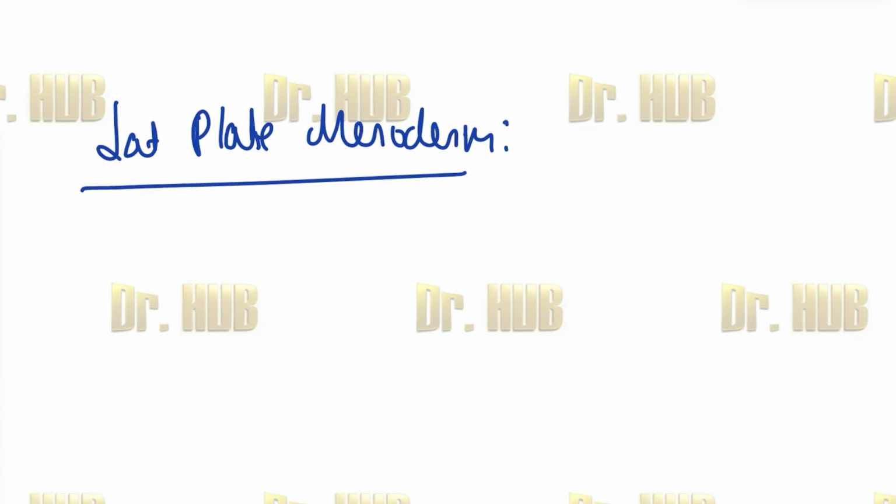Next we move on to the lateral plate mesoderm. Under the lateral plate mesoderm, this includes the bones. We also saw the bones in the paraxial mesoderm, but it included the vertebrae and the ribs. So here again we have the presence of bones, and here it includes the sternum as well as the limb bones.